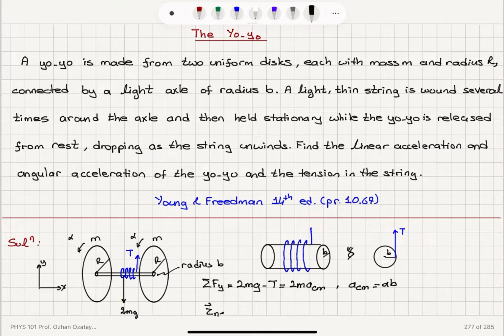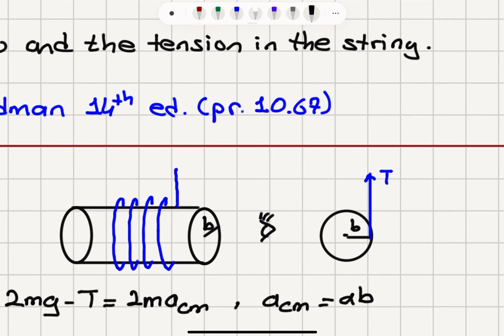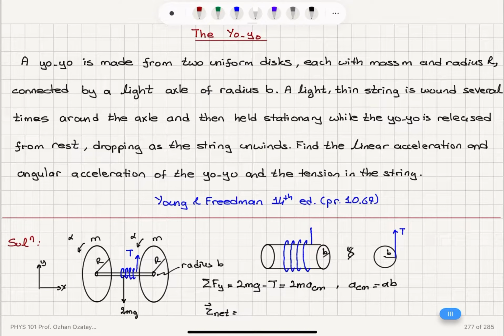The net torque will be provided by the tension, from R cross T. If you point from the center towards the application point of the force, concentrating on the direction from the pivot point to the application point of the force, curling our fingers towards the tension, the thumb points out of the page, which corresponds to the plus i hat direction.